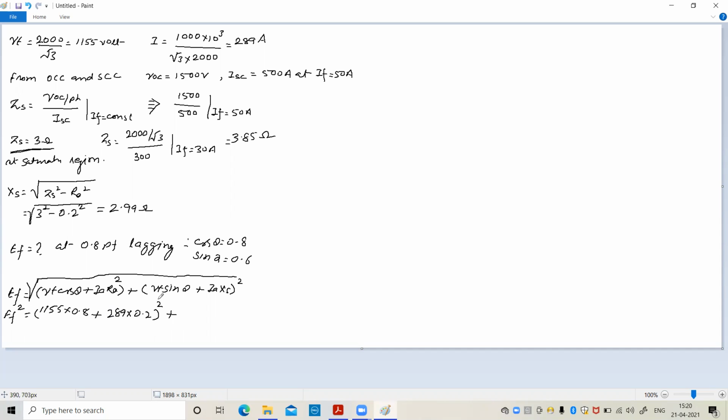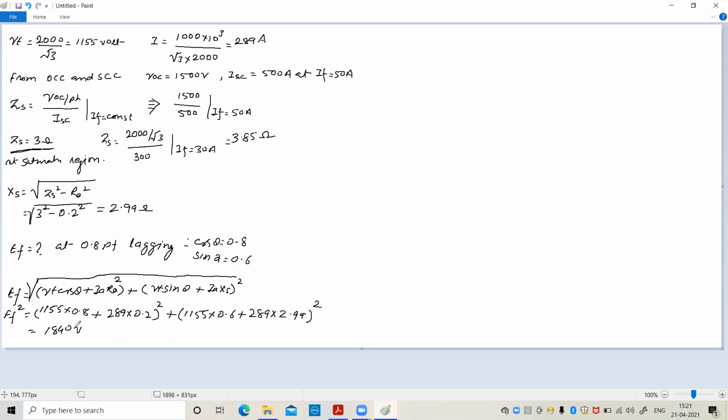So we'll just remove the under root sign. It is (1155 into 0.6 plus 289 into 2.99) squared, and its value is 1840.